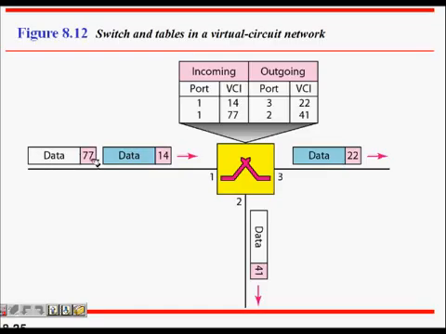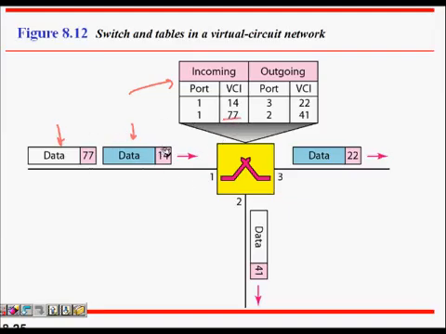There is a data packet, and the packets are coming on port 1. This is a switch, and on port 1 two packets come. This is packet 1, this is packet 2, and this is the routing table for the virtual circuit network, with incoming and outgoing columns. For incoming, our port is 1 and the virtual circuit identifier is 14, and for another packet it is 77.